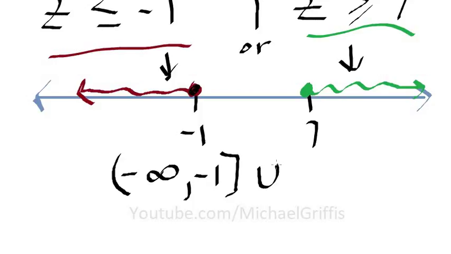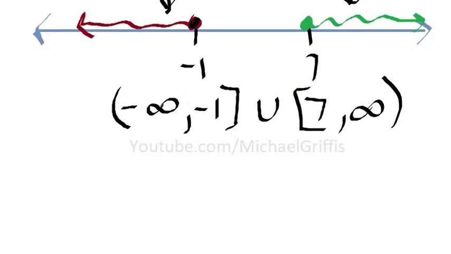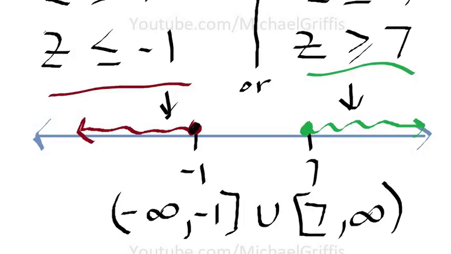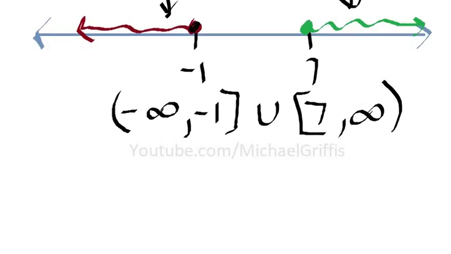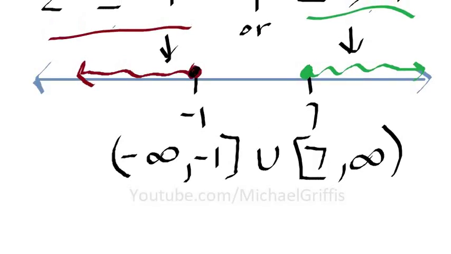Union means we're joining both of these sets together in a union. All right, so there you go. That's interval notation. You can just keep it in the inequality notation if you want, or write it in interval notation. So that ends this problem here.